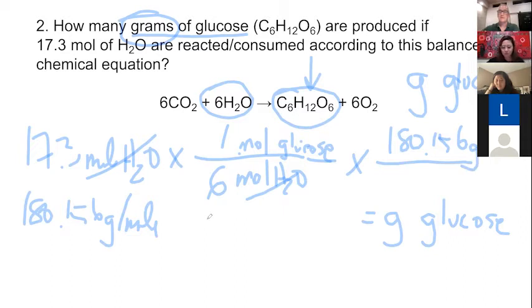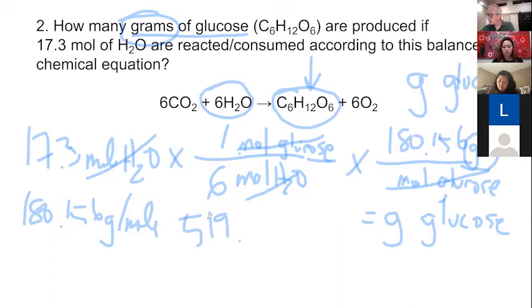So I put the units of grams on top and moles of glucose on the bottom, so that when I cancel moles of glucose, the only unit left is grams, grams of glucose. So 17.3 times 1/6 times 180.156. I got 519.45 grams. So what is my final answer going to be?